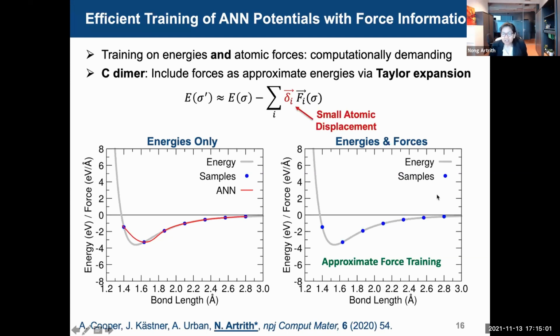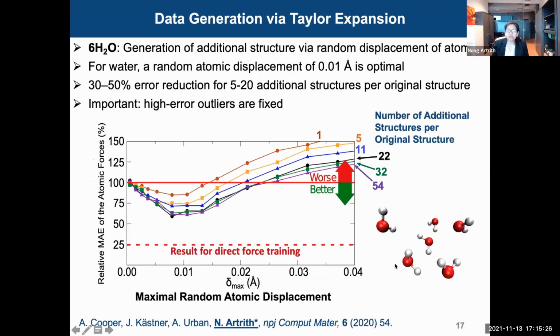Now looking at the right figure, this is the same reference data, and then we introduce the Taylor expansions. You can see we introduce a few more data points, and then we fit neural potentials. Now we can see a more accurate neural potential that predicts the right atomic structures and also accurate energies, like you can see here.